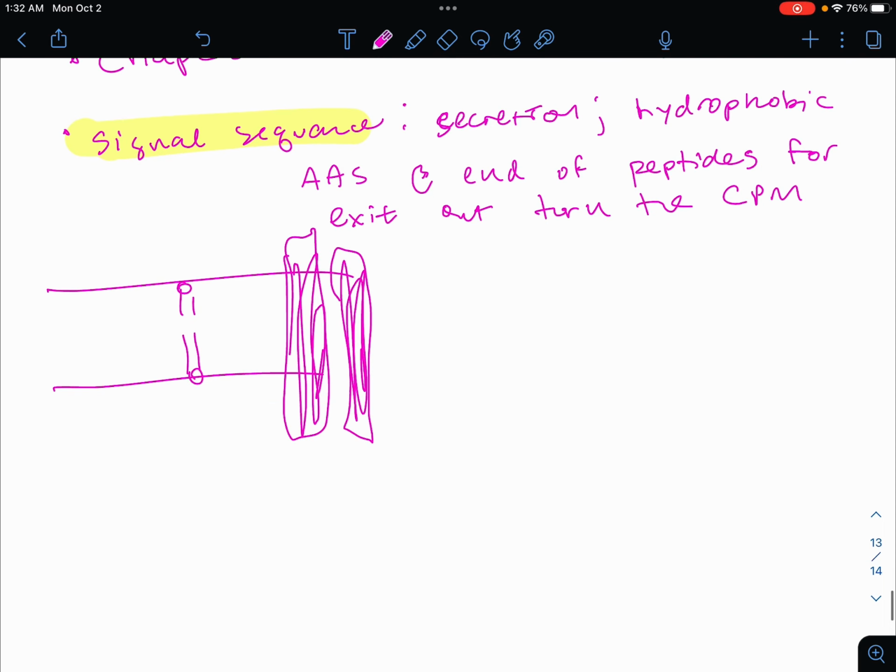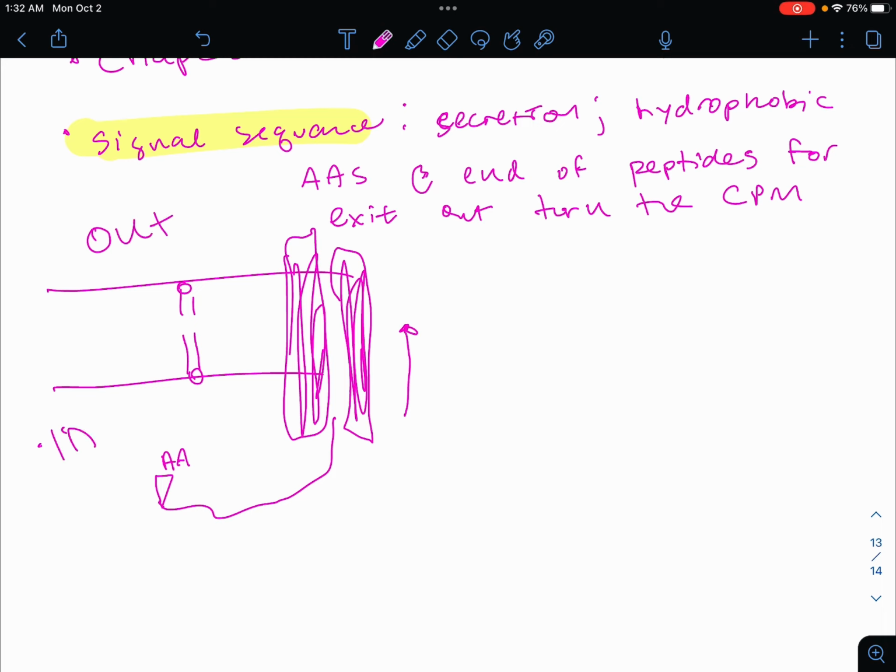So let's say there's our peptide here and we have some hydrophobic amino acids at the end. So that protein is going to go through this membrane protein. It's going to get that amino acid section at the end clipped off. Sorry about that. This is going to be out. This is going to be in.